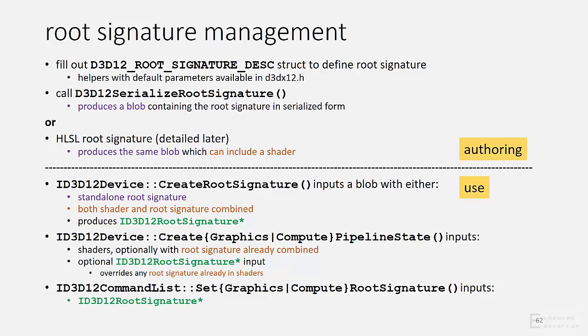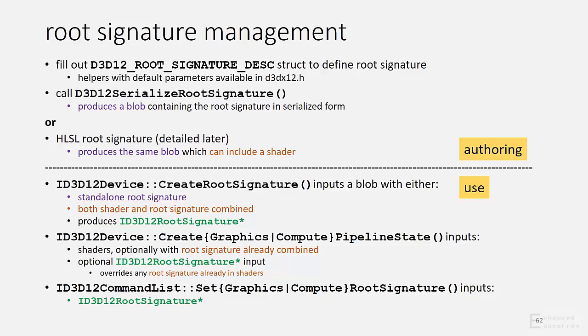Alternatively, you can use the HLSL root signature syntax, and details for this will be provided later. What you get out of that are either the same blob as the procedural method provided, or if you happen to compile a shader with a root signature as part of it, what you get is a blob that contains both the shader and the root signature together.